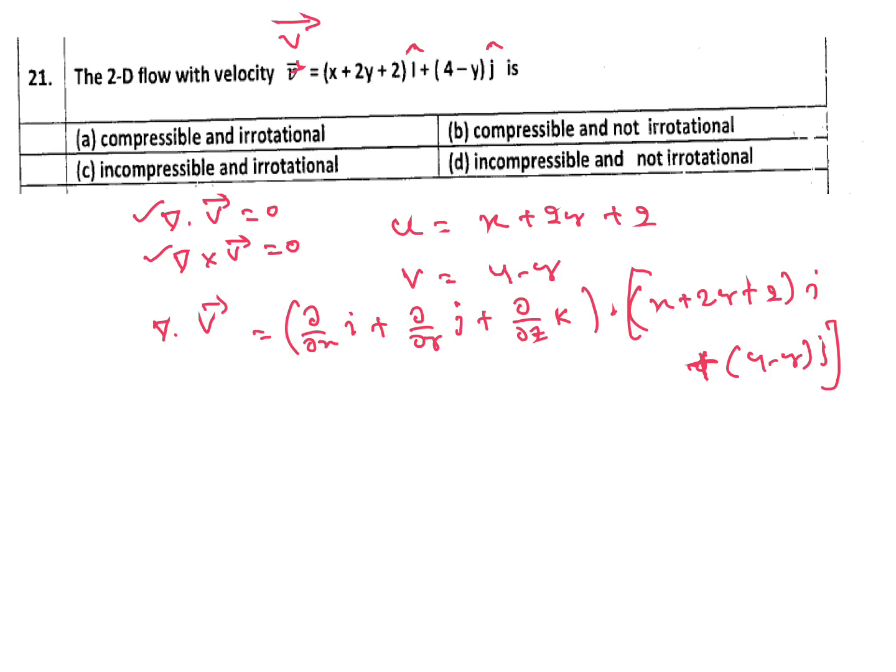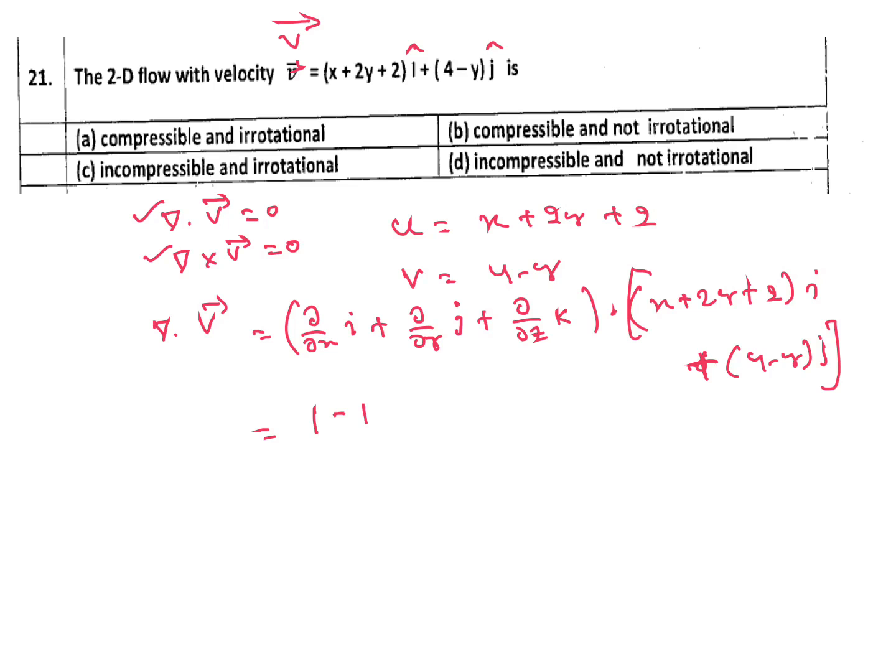So we'll get 1, then del by del y of 4 minus y, here minus 1 we will get.